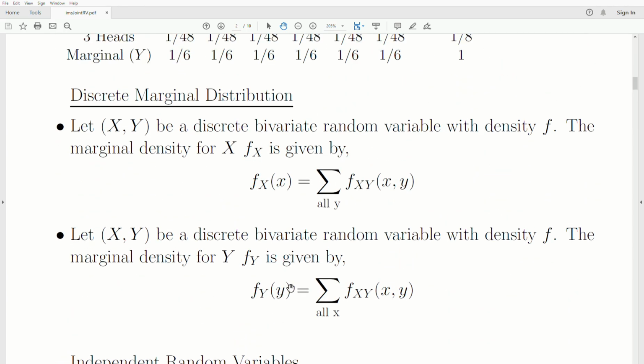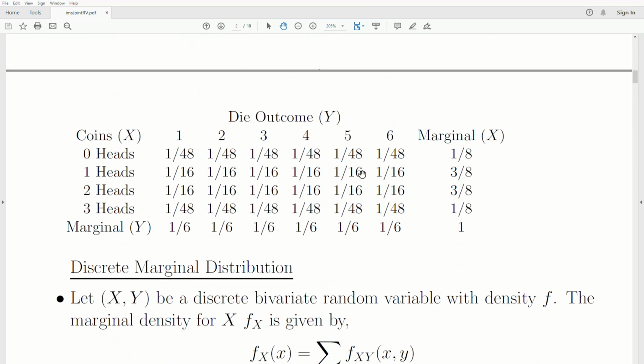So let's go back up to this table. If we pick a cell, so this one here, when x is 1 and y is 5, the probability is 1/16. Now the marginal densities are 3/8 and 1/6, and 1/6 times 3/8 is 1/16.